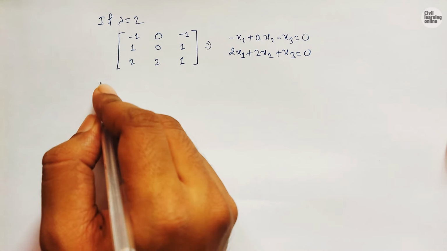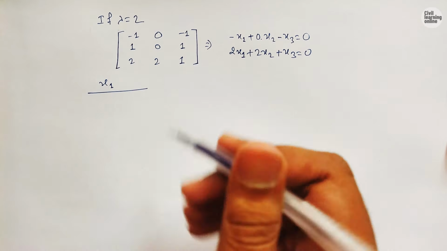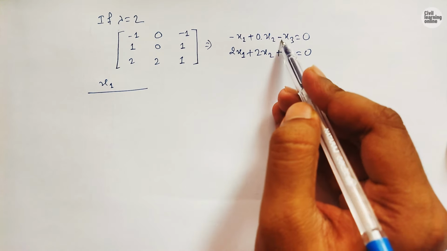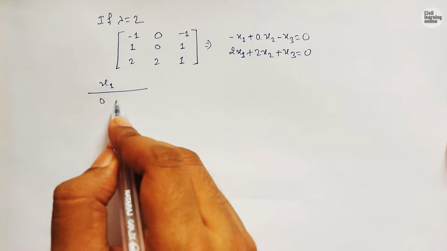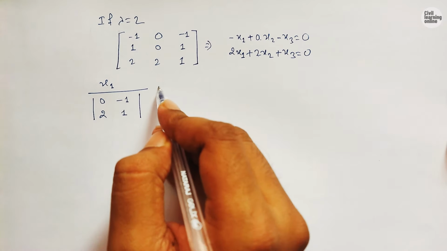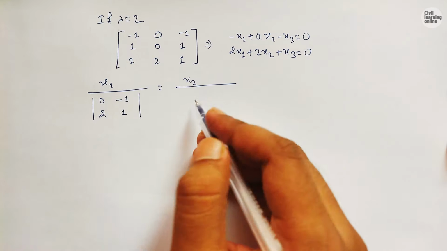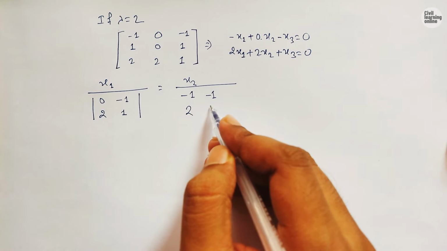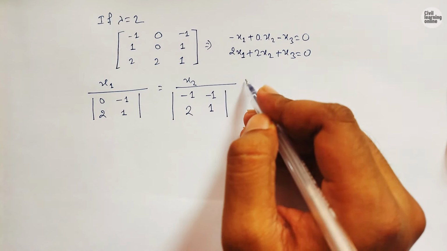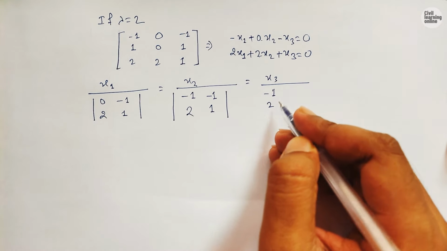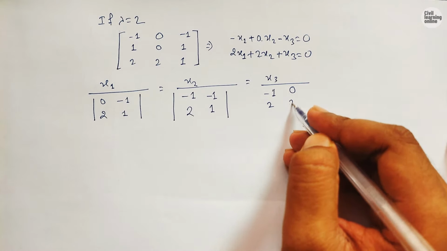Further we have x1 upon, now cover the portion in which x1 lies, so we will get 0 minus 1, 2 1, equals x2 upon minus 1 2 1, equals x3 upon minus 1 2 0 2.